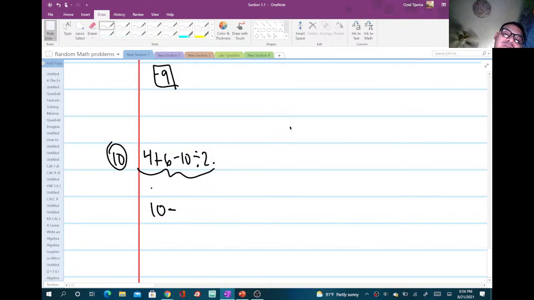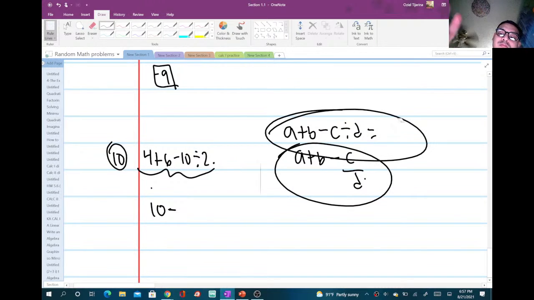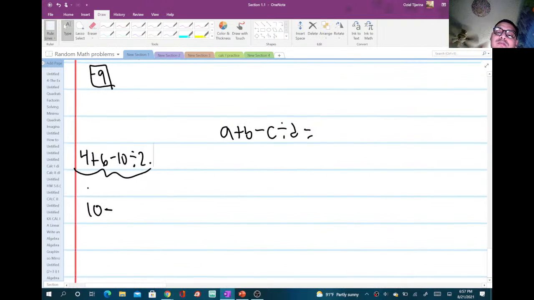In reality, if you think about it, a plus b minus c divided by d is really just a plus b minus c over d. This is really the same thing.